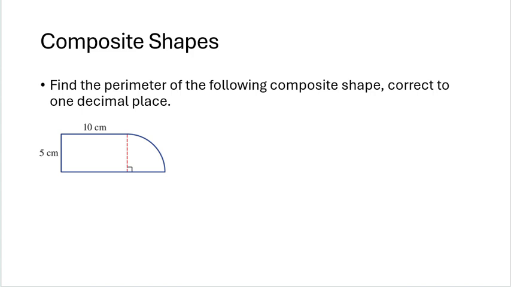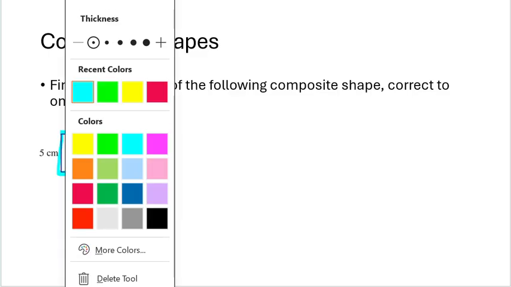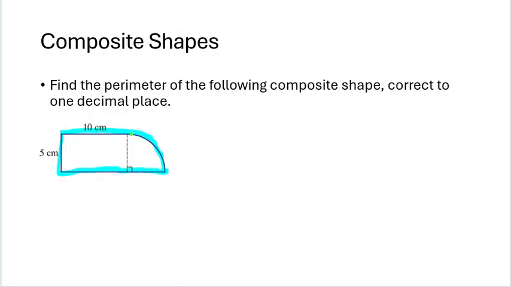So now you've got composite shapes here. Composite shapes are these funny sectors. What you're trying to find, same thing, is the outside highlighted in blue. But it's a bit tricky because we now need to find what green is. Just based off my diagram alone, I can see that this is 10 centimeters. And over here, this red dotted line is also 5 centimeters, because a composite shape is just two simple shapes combined together.